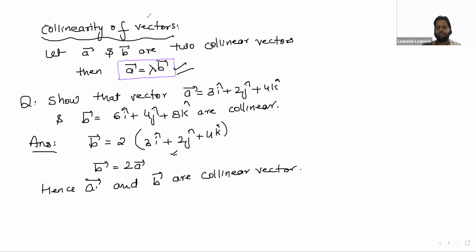Raise your hands once it is done. Then we will check the collinearity of points. So if points are given and we need to prove that points are collinear, how can we do that? Please complete this question. Raise your hands once it is done. Then we will check the next topic.